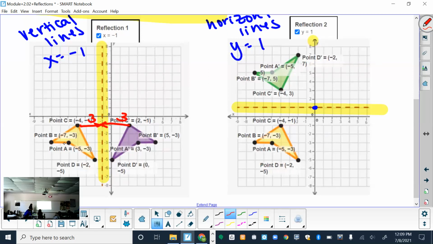If point B is 1, 2, 3, 4, 5, 6 away from the line of reflection, then so does point B prime. It also has to be 6 spaces away, and it is. So it varies for each point. Just match them up. Make sure that point A is 1 space away from the line of reflection, and A prime is 1 away from the line of reflection.